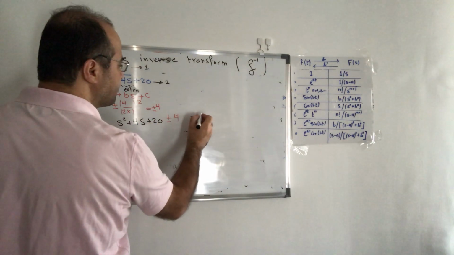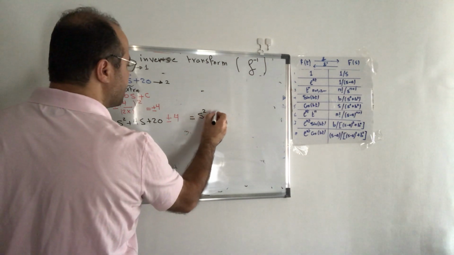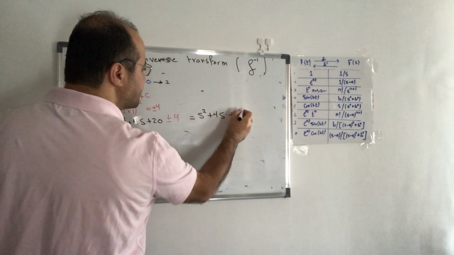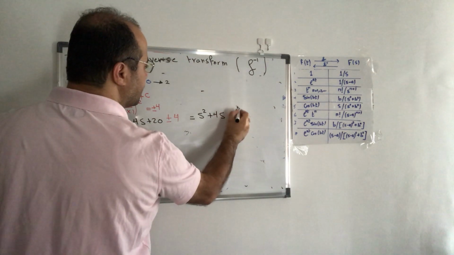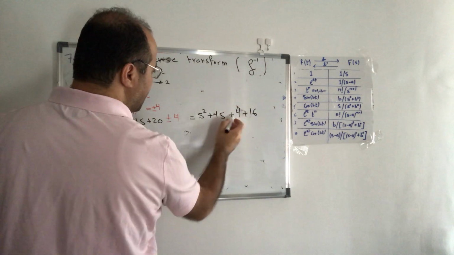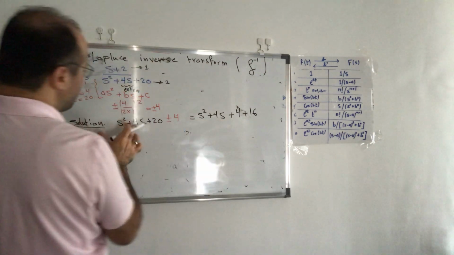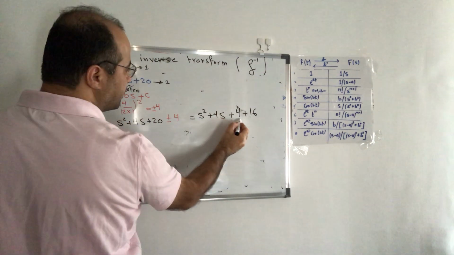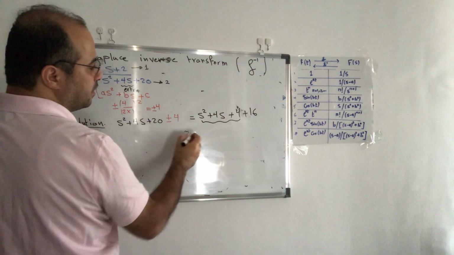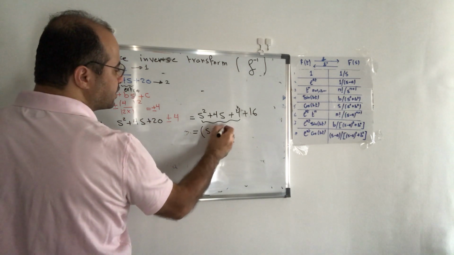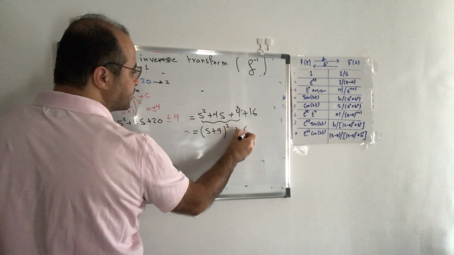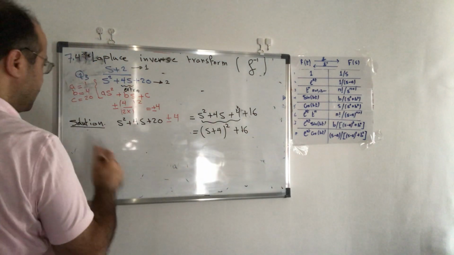Then I'm going to have something like s squared plus 4s plus 4 plus 16, right? Now you call this completing the square, so this is a full square. So this thing will be just s plus 2 squared, and plus 16.